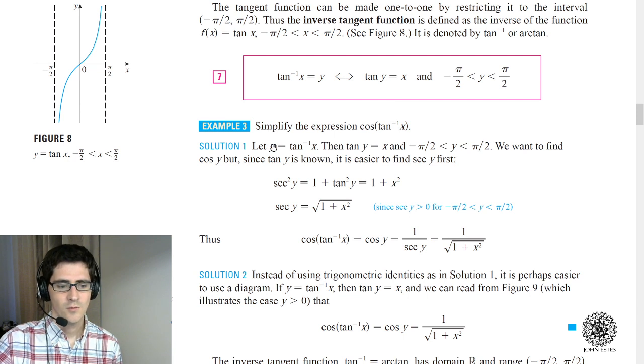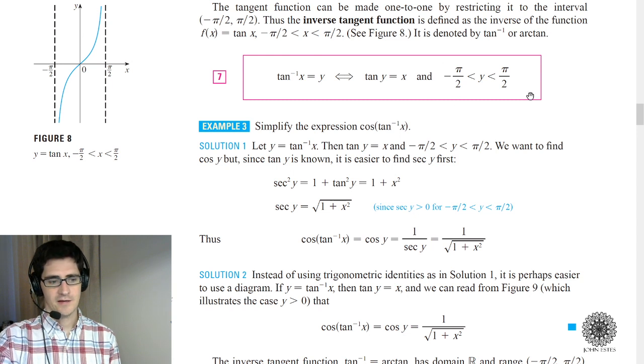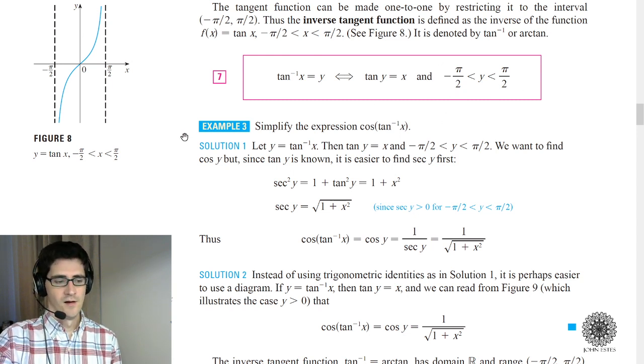All right, so here we have y equals tan inverse x. And just like we did with sine and cosine earlier, I'm going to let x be tangent y. And I'm restricting y from negative pi over 2 to pi over 2, again to be consistent with passing the horizontal line test.